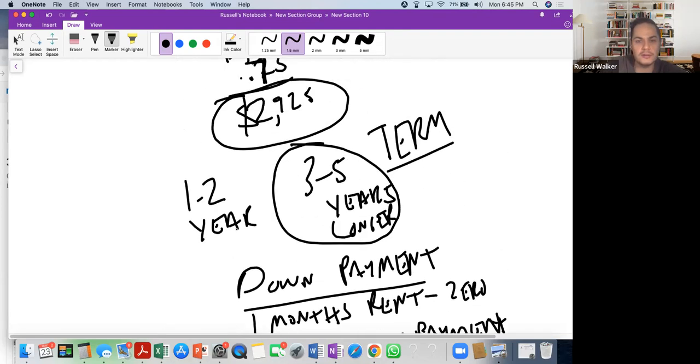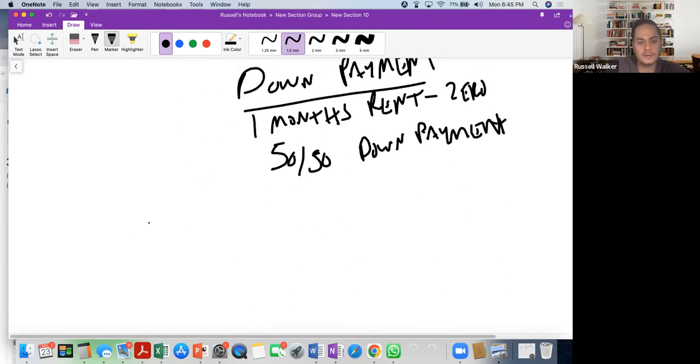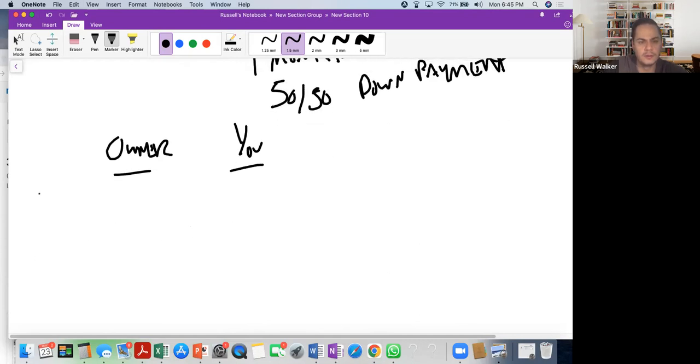So how this deal would look is, here's the owner, this is the price, the rent, the terms. So this deal is at 293. And then you're looking at what is the retail, right?